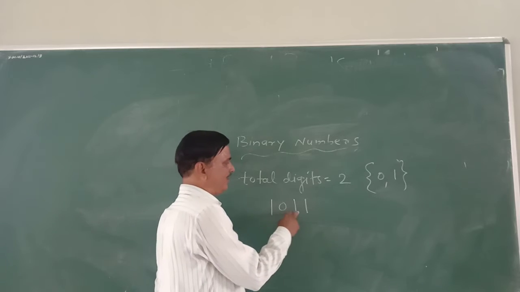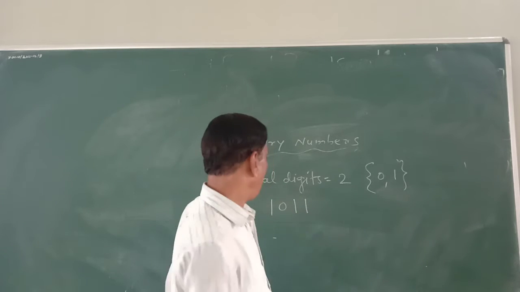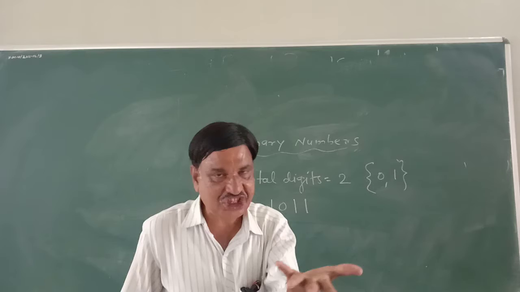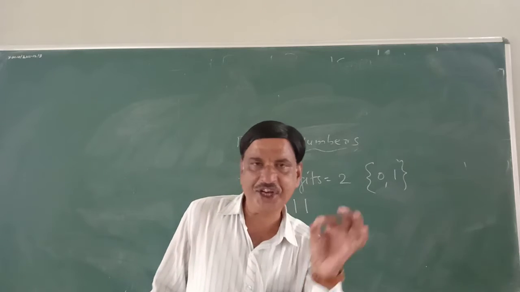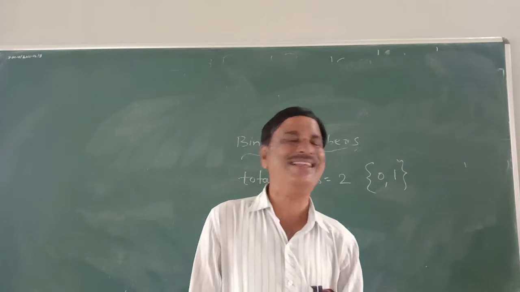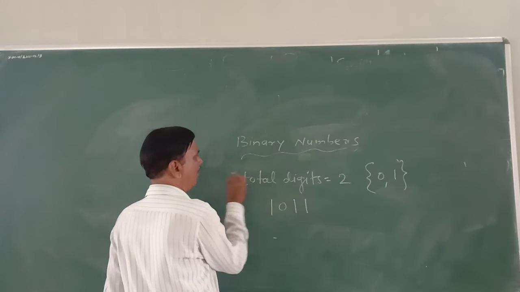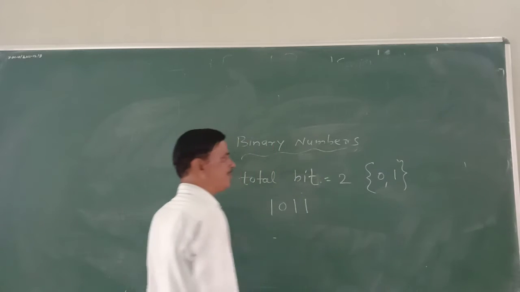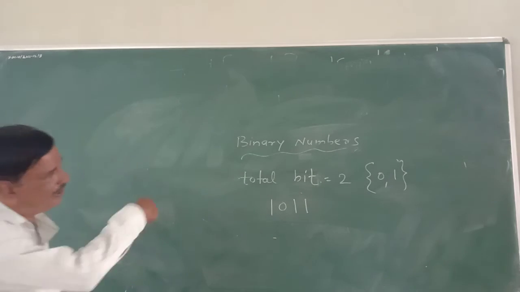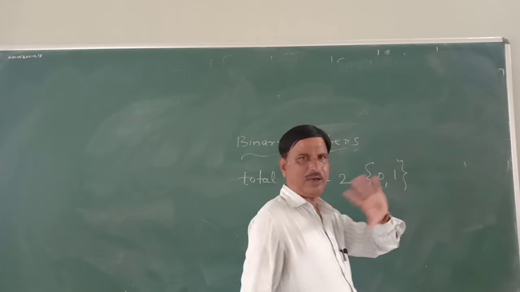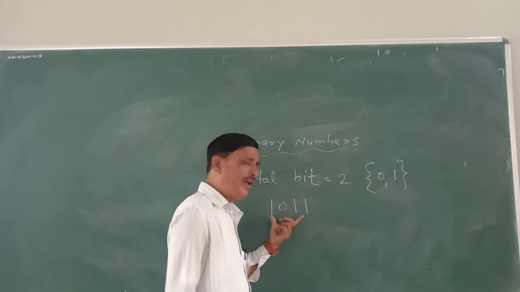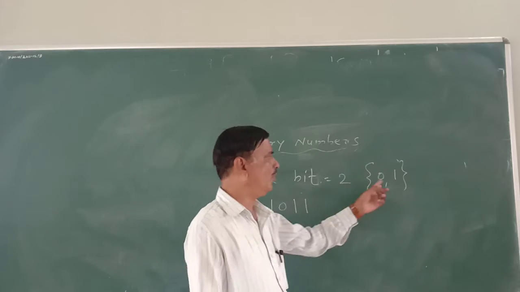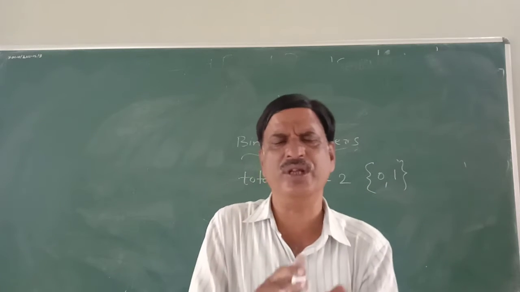This is called a binary number of 4 digits. A binary digit is called a bit. So any binary number is made up of only 0 and 1.